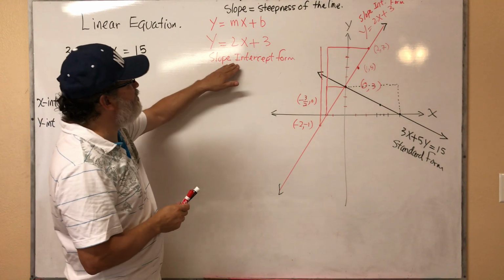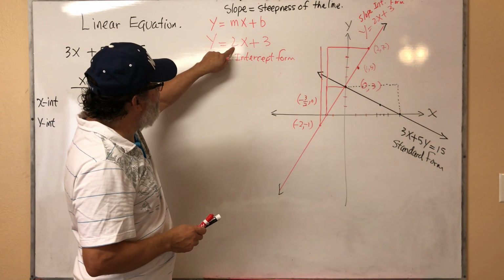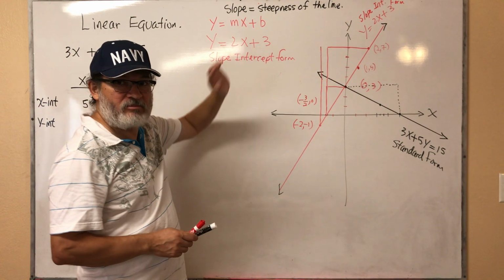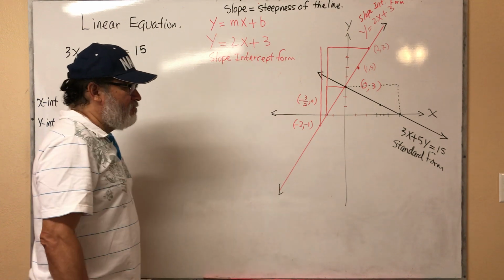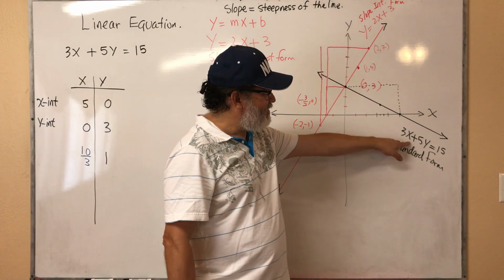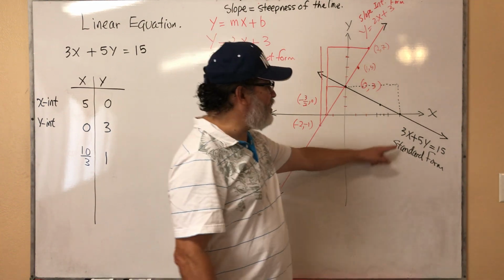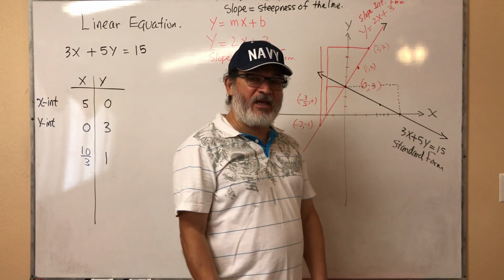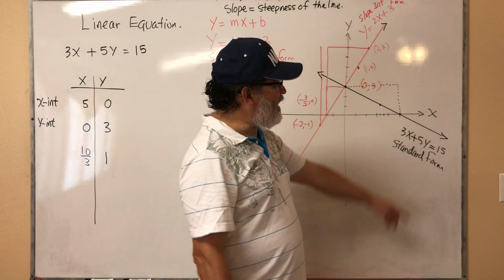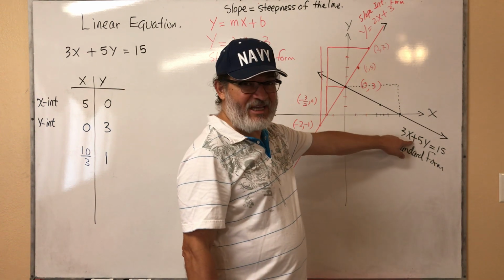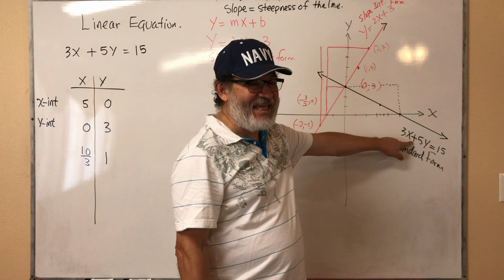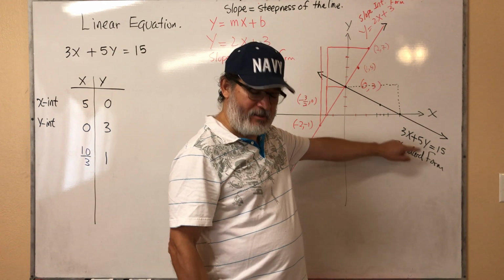Because when you look at it, you see the slope right there, and you see the y-intercept. But this one is not in slope-intercept form. This one is in standard form. Guess what? I can write this one, which is in standard form, in slope-intercept form.